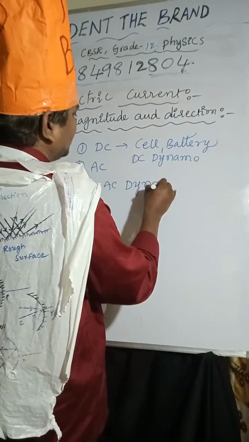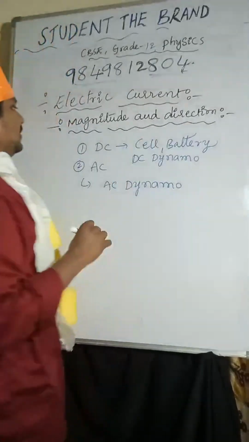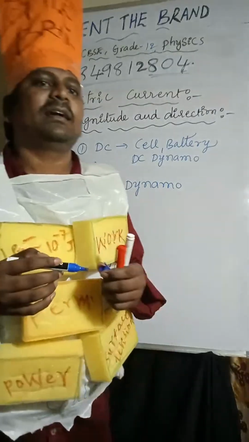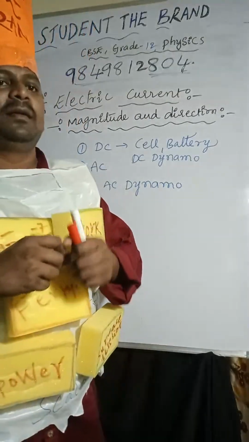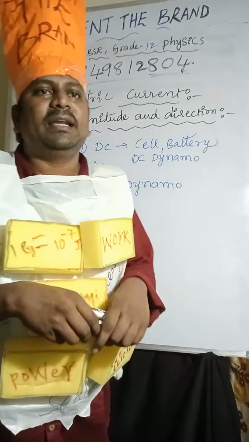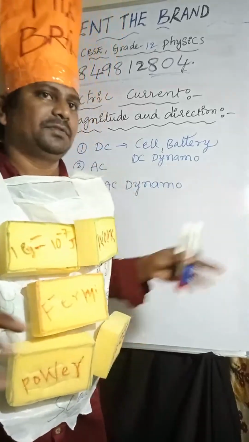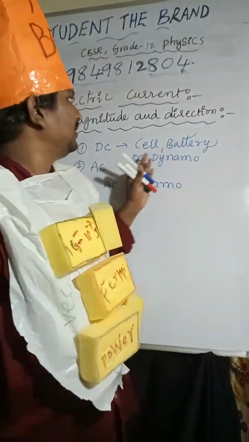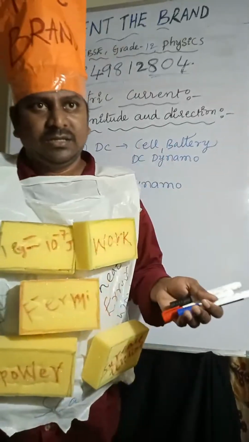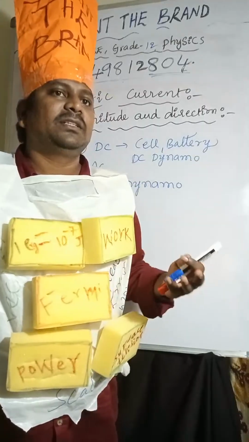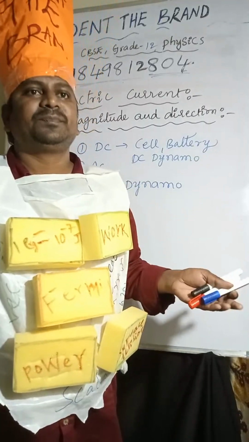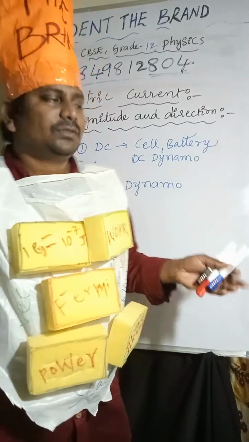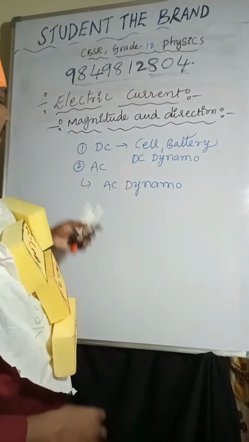Here you can observe, in direct current the magnitude and direction do not change with respect to time. In alternating current, the magnitude and direction of current change. So that is about DC and AC.